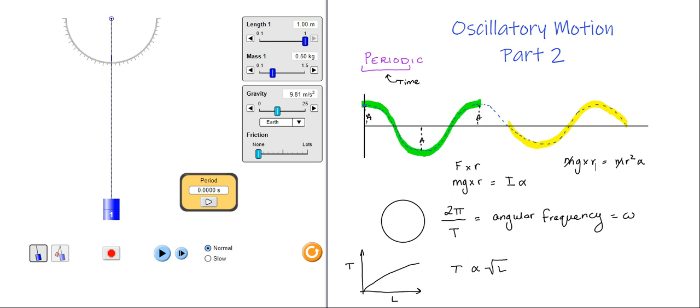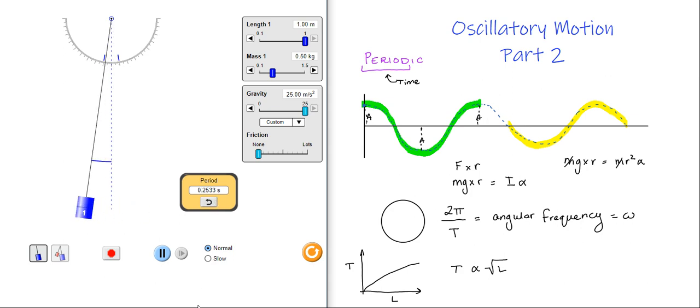Thus, it will pull this little mass faster, so there will be a greater acceleration. So let's go ahead and check that out. We'll put it at 10 degrees again, hit play, and as we increase the gravitational pull, and we approach the gravity of Jupiter, which is around 25 meters per second squared, we see that it is indeed moving faster.